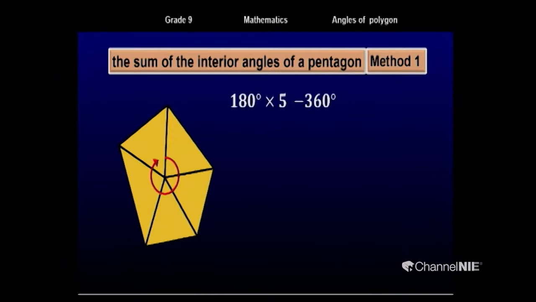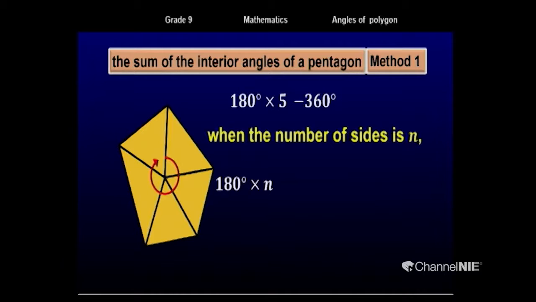Now consider when the number of sides is n: 180 degrees into n, where n is the number of sides, minus 360 degrees. This is the formula to find the sum of the interior angles of a polygon. Now look at that. When we simplify this formula, you can write 180 degrees (n minus 2).